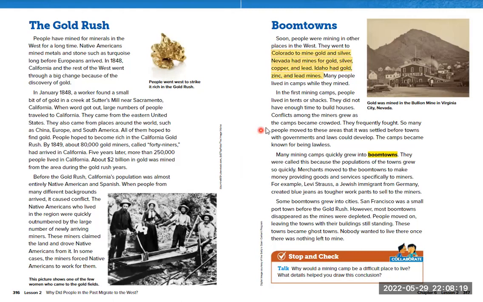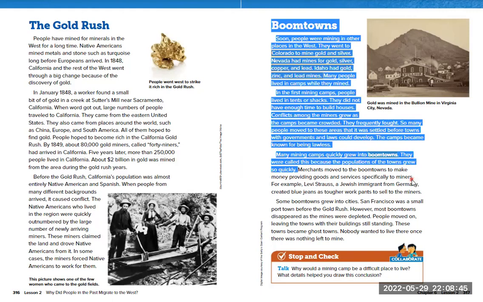If they were coming there to help settlers who were in that area by offering them things that they didn't have. So moving into these boom towns that just came up quickly because they were mining towns. Merchants moved to the boom towns to make money providing goods and services specifically to miners.